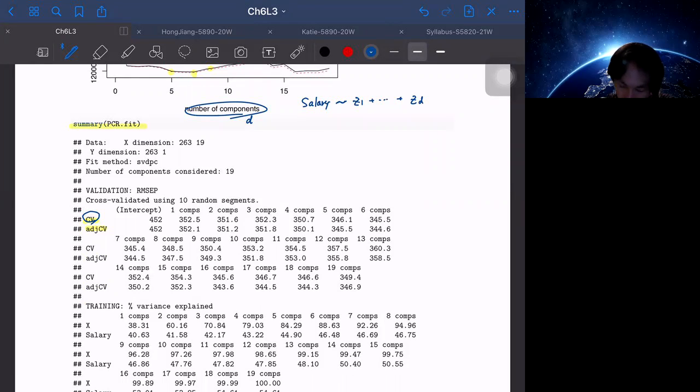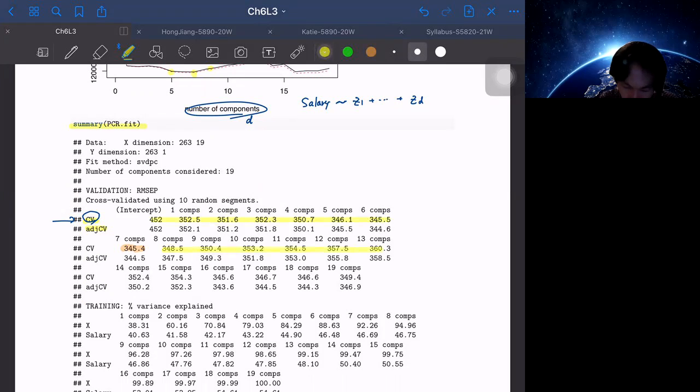And you can see that the smaller CV is better. In terms of the usual CV, I think the smallest is 345.4. Others are larger.